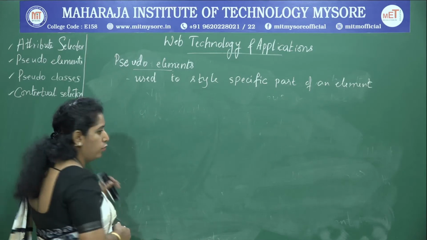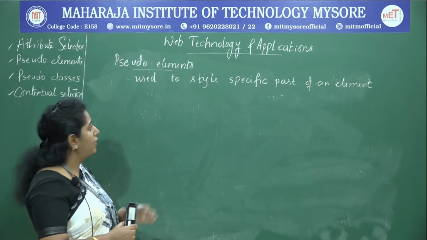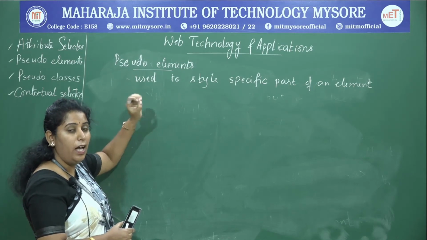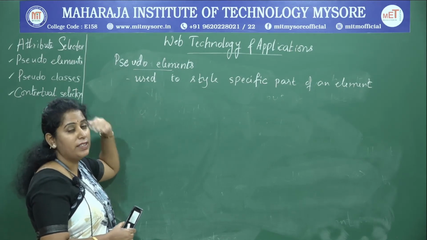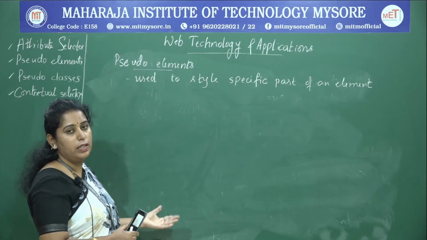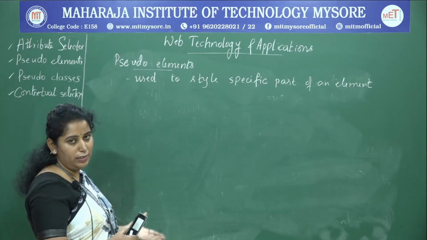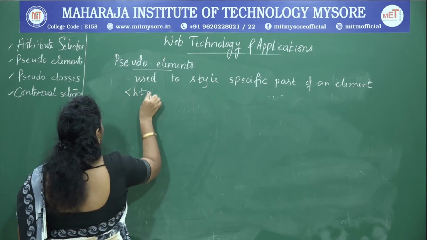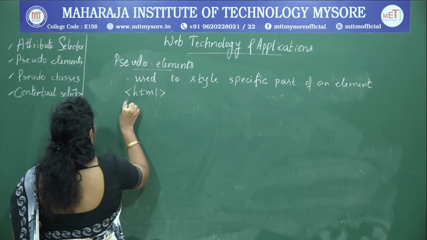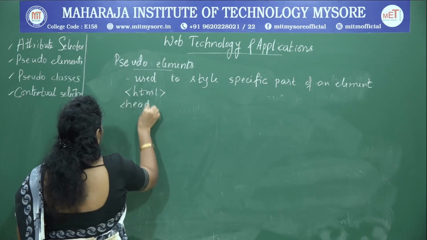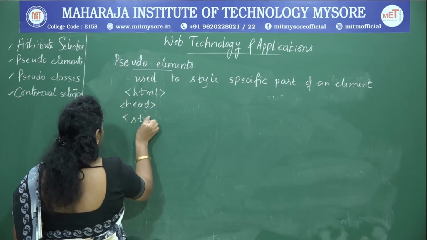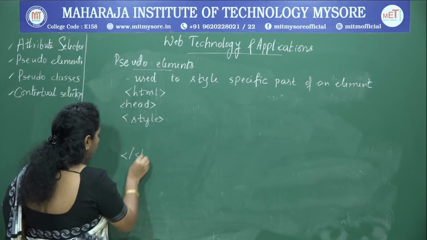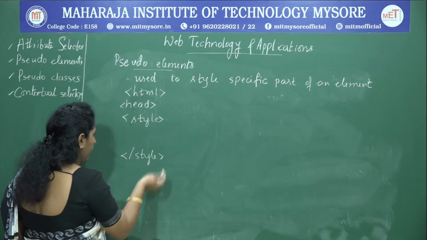I told you that you can make use of pseudo elements to style the specific part, right? How? Styling the first line of the element. So, for example, take an example: HTML, head, style. I will leave space for the style part, I will write it later.